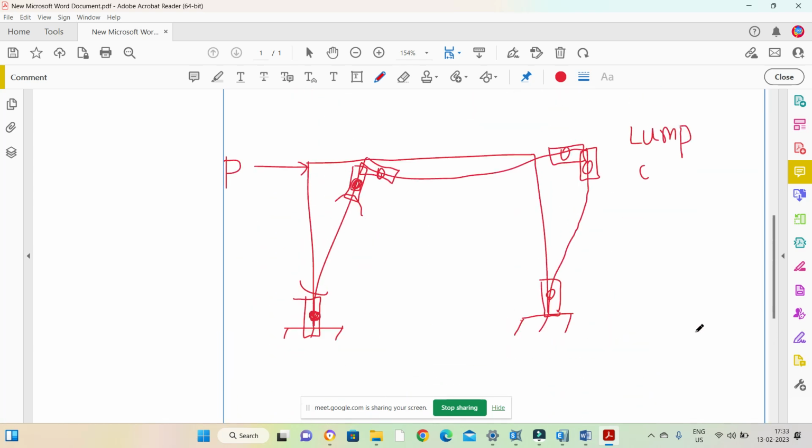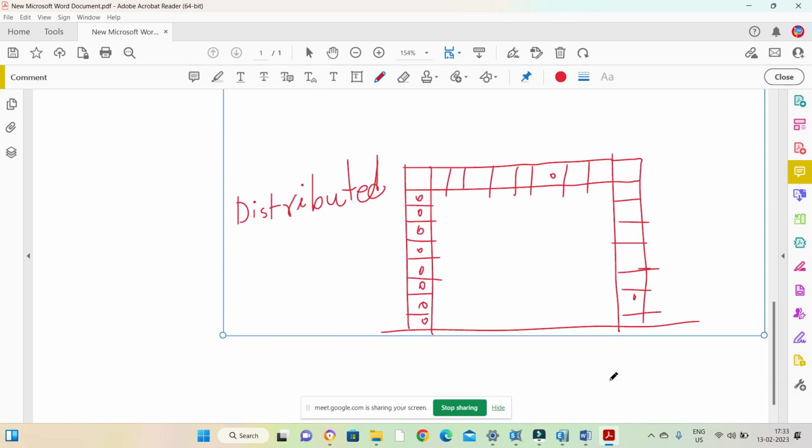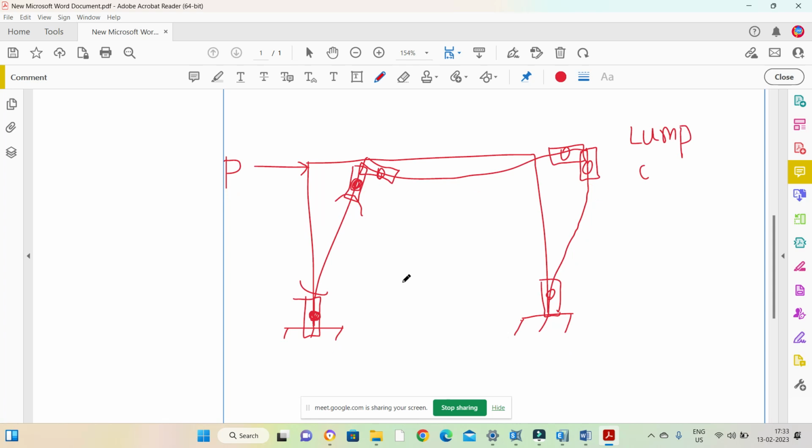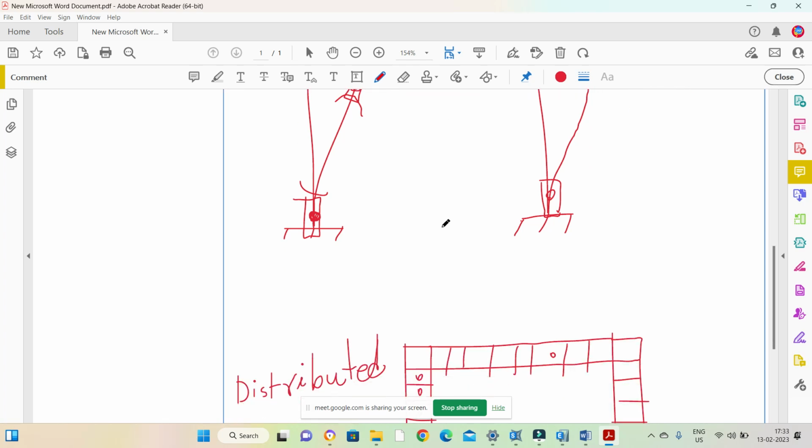So to simplify this, we usually go for this one, and in most cases, the result we get by considering the lump plasticity is accurate enough. Accurate enough means it is not better than distributed plasticity, but still it is reliable. So considering the time and accuracy, we feel that this is sufficient. This is the thing you have to know.